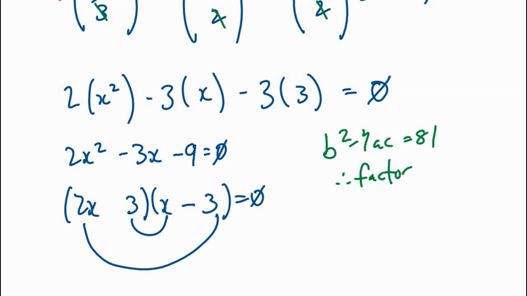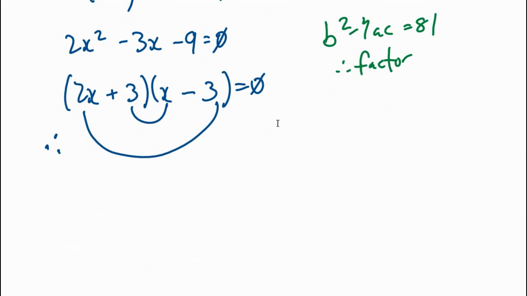I want the 6 to be negative and the 3 to be positive, because the middle term is negative. So I've got x is negative 3 over 2 and positive 3.